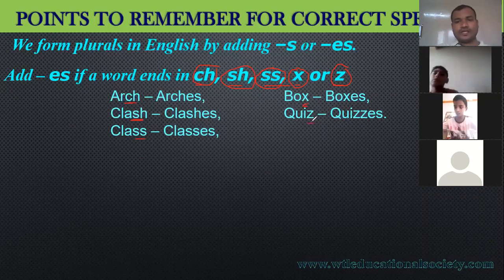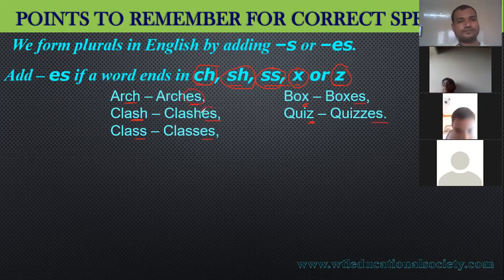In the fifth one, z. Whenever you find any of these endings, you need to add es to make the plural. Understood? Yes, sir.